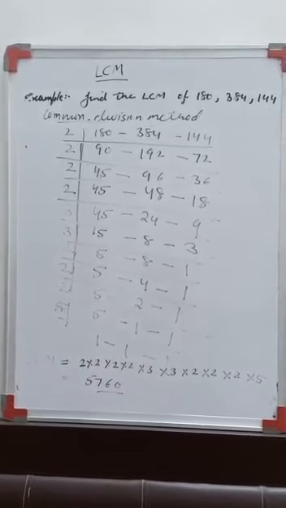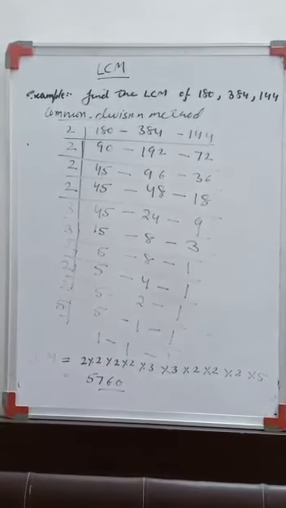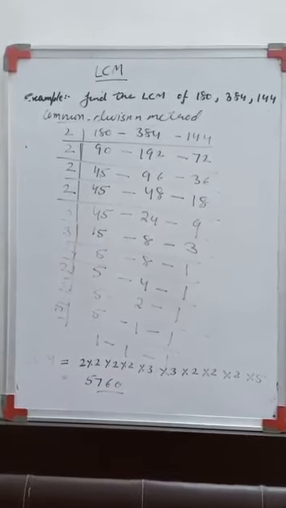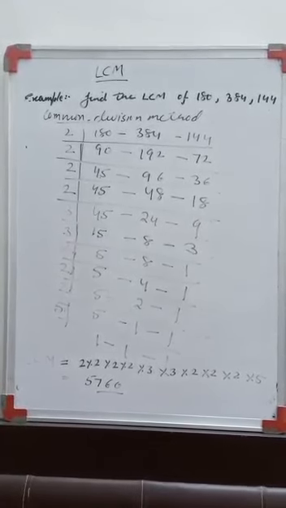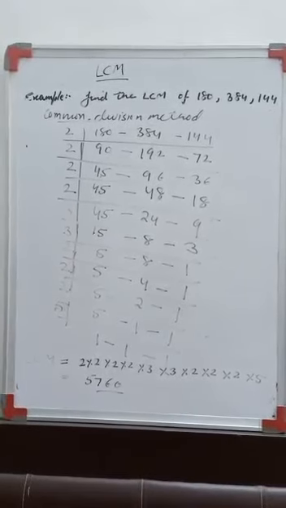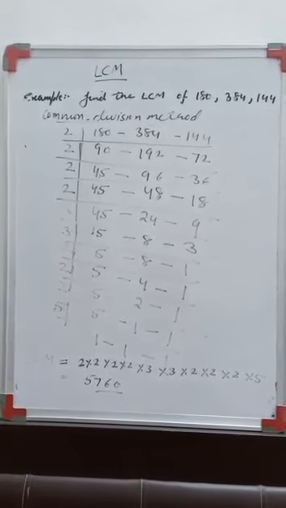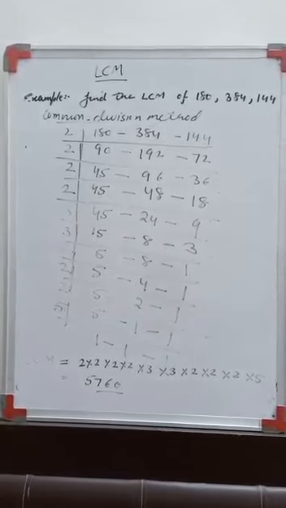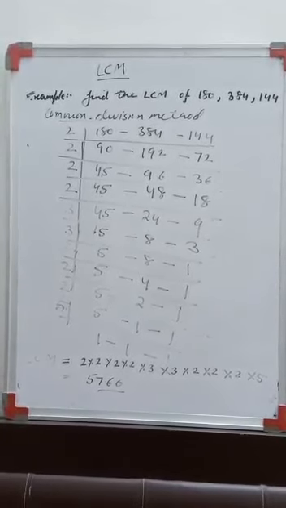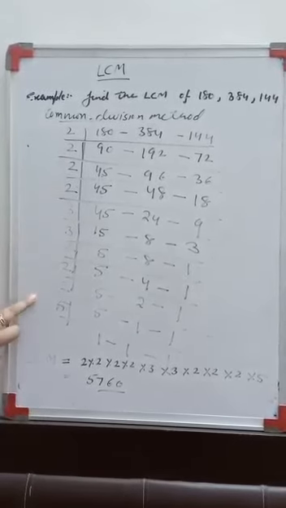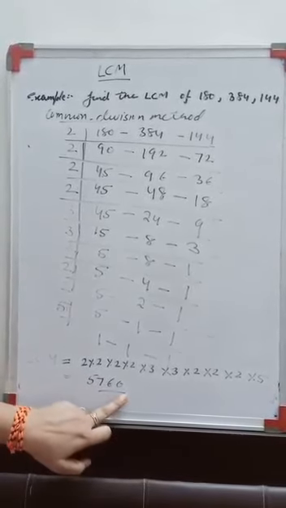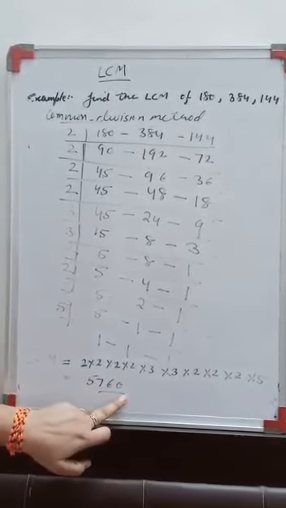You can follow any method. Either take the prime factorization of each one individually and then write the powers of the number which is occurring maximum. Another method, you can go by the common division method, in which the prime factorization is done commonly for all the numbers, and you just write the prime factors, multiply them, and you will get the LCM.